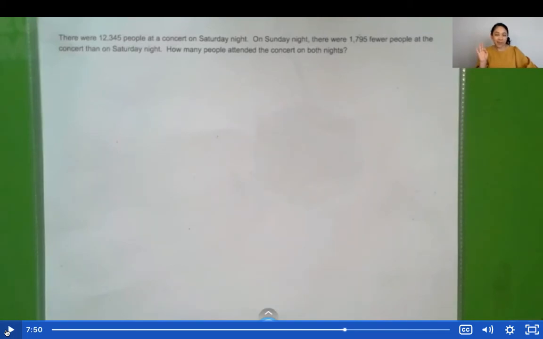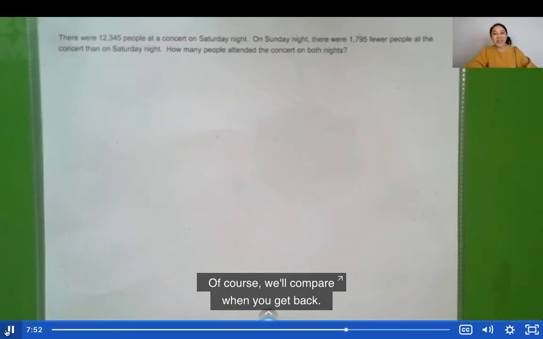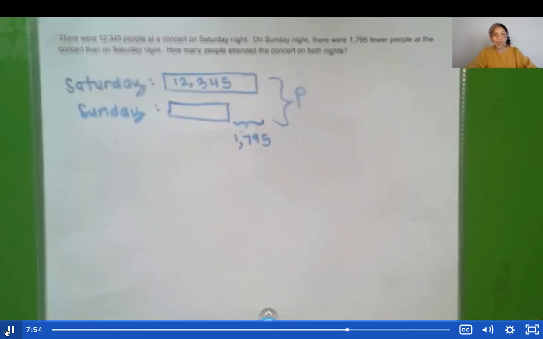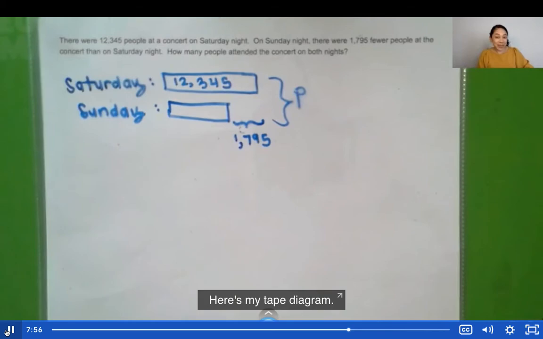So read the problem twice, and then draw your tape diagram and think about how you are going to solve this problem. Of course, we'll compare when you get back. Here's my tape diagram. What strategy did you come up with?